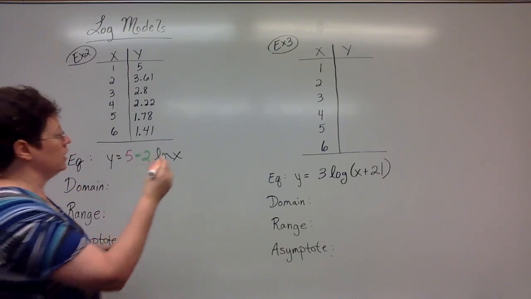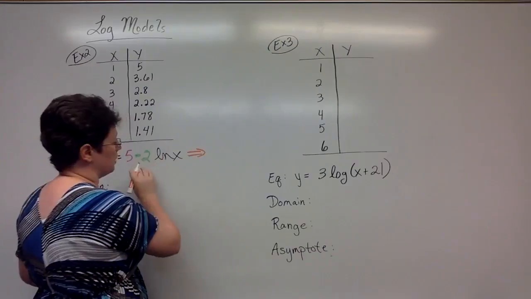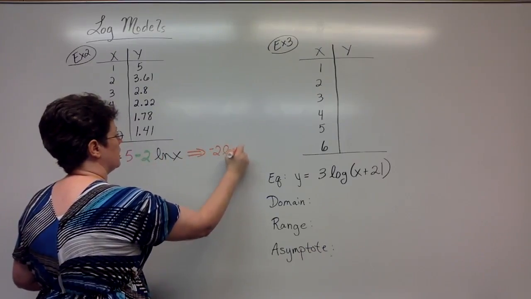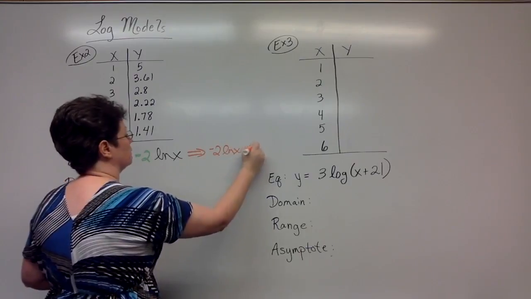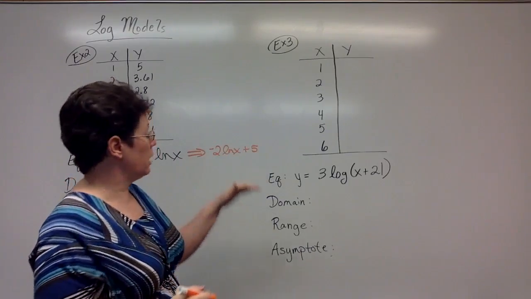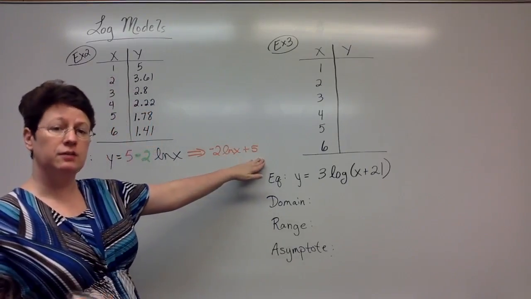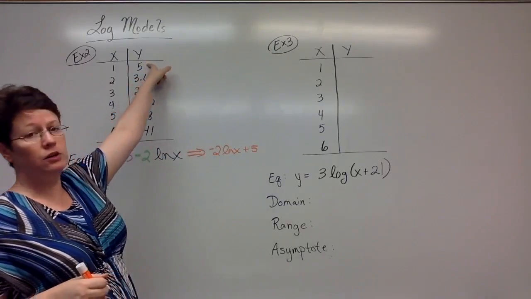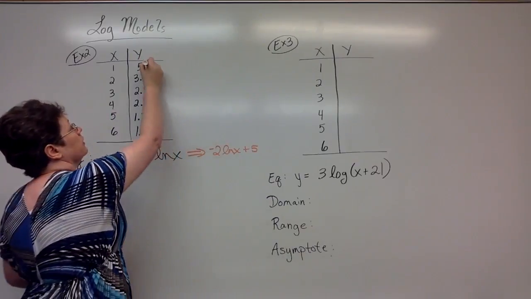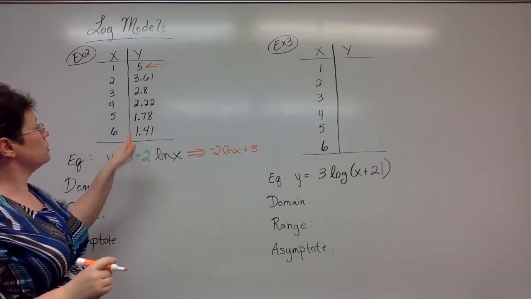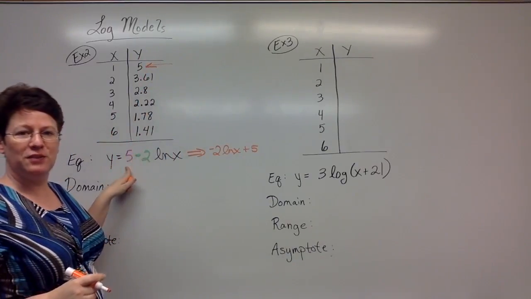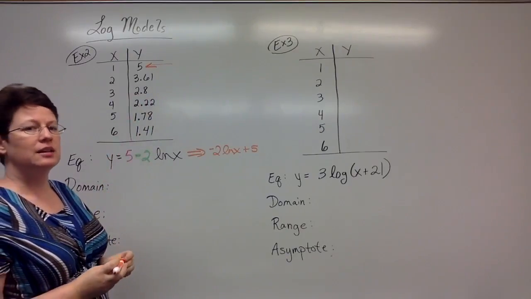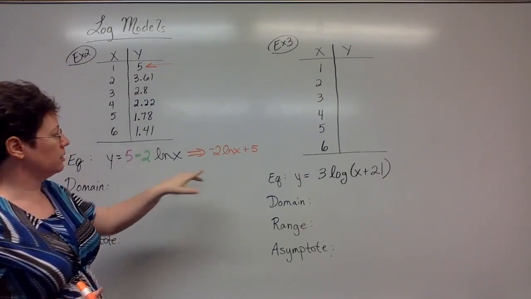If you wanted to, because this form bothers you, you can rewrite it as negative 2 ln x plus 5, right? Now we can clearly see that 5 is a vertical shift. We're moving it up 5, which is why my very first entry is at the 5. Notice the entry matches the A value. That's kind of a self-check that you didn't type anything wrong.